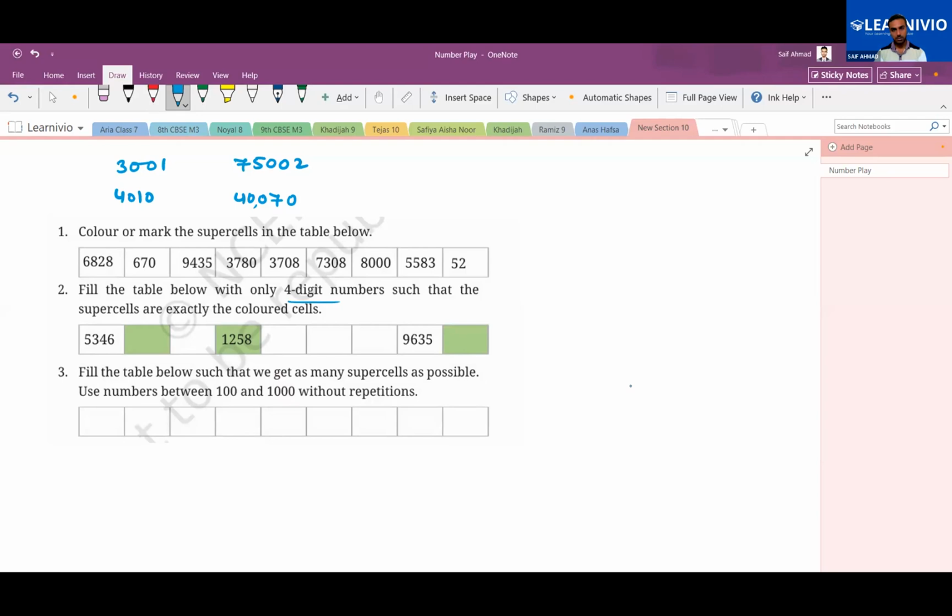What is the number you have to write here? 4-digit numbers. Can you do it? Yes. Yeah, do it. Use your pen.